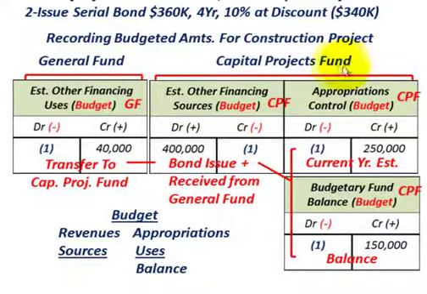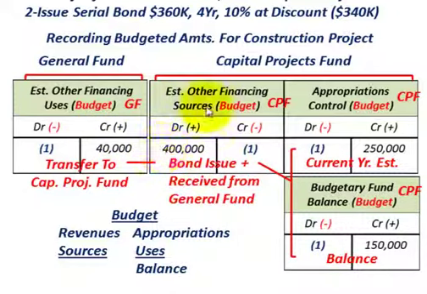Now, looking at our capital projects fund, we're setting up estimated other financing sources, so we would debit that for $400,000. That includes both the $360,000 worth of bond issue plus what we receive from the general fund, the $40,000.